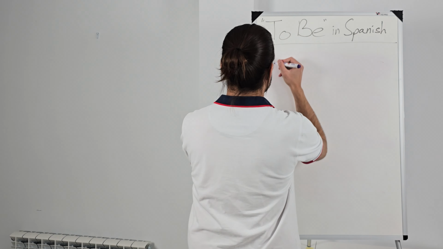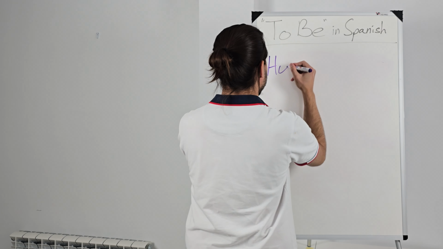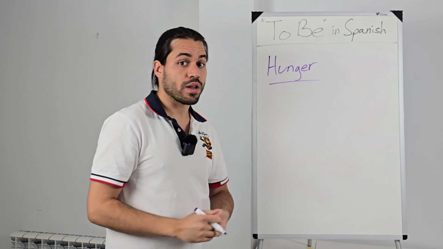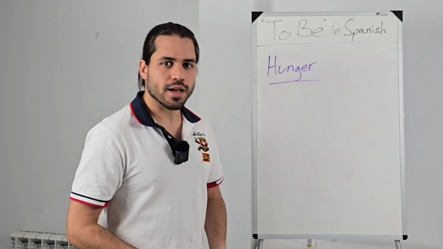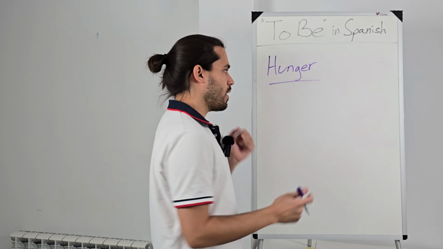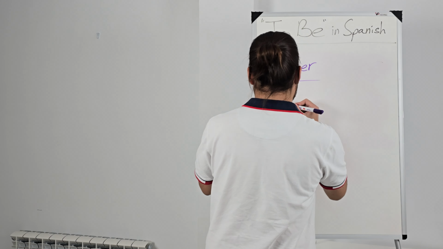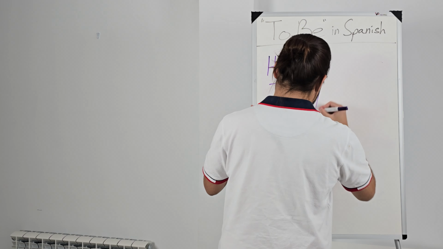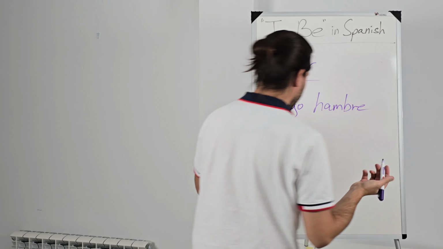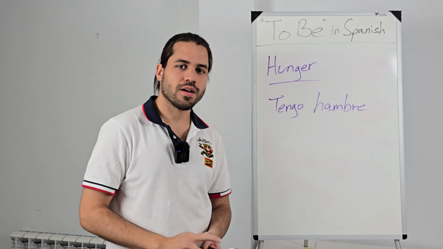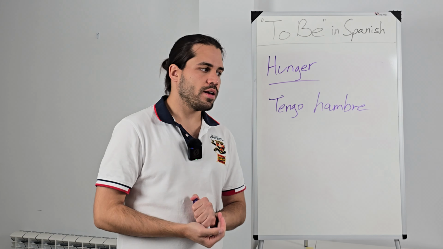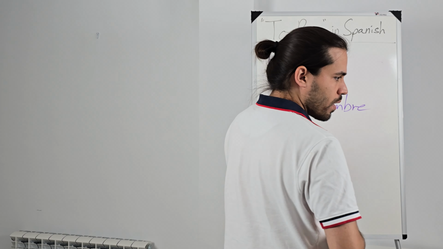Another thing that tener would apply to is hunger, right? So in English we'd say, I'm hungry, I'm full, right? In Spanish we would say, tengo hambre. I'm hungry, etc., etc. And then you could also apply this to other niche cases as well, right?